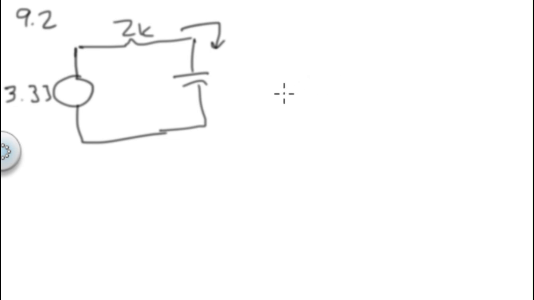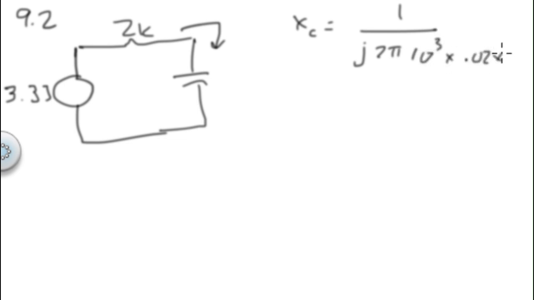But I have 0.02 microfarads, so X sub C is 1 over j 2 pi times 1,000, 10 to the third, times 0.02 times 10 to the minus 6th.